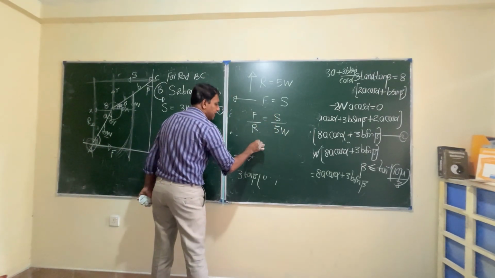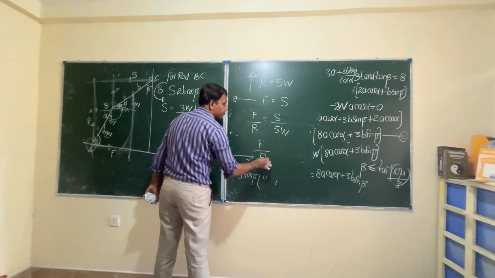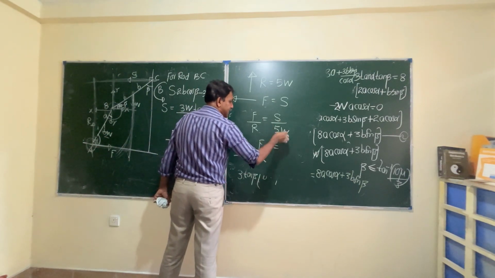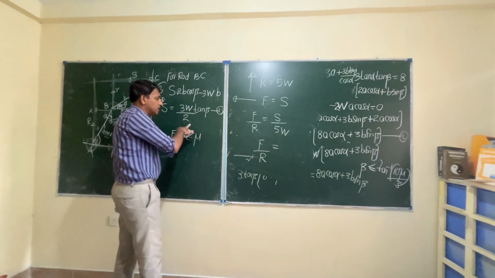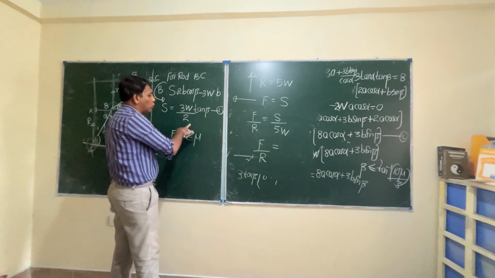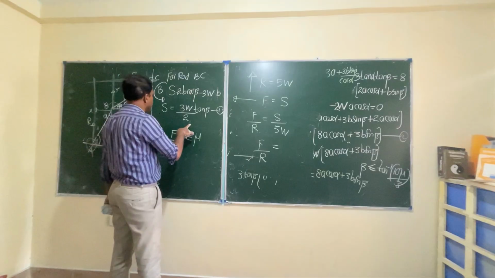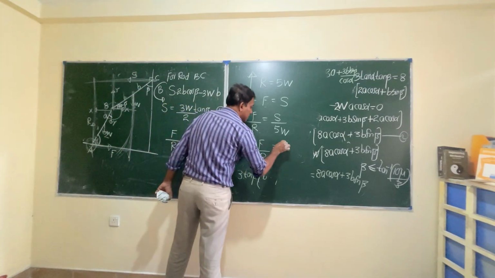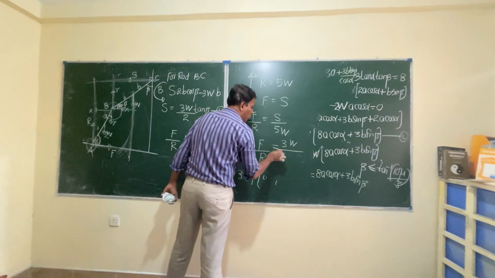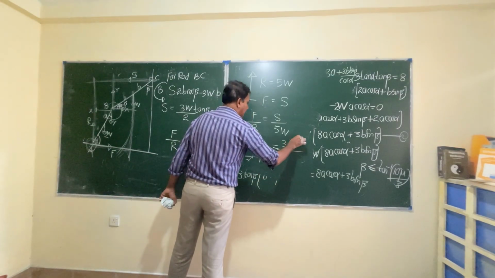So what is F over R? What is S? From the earlier answer, S is 3W over 2 tan beta.